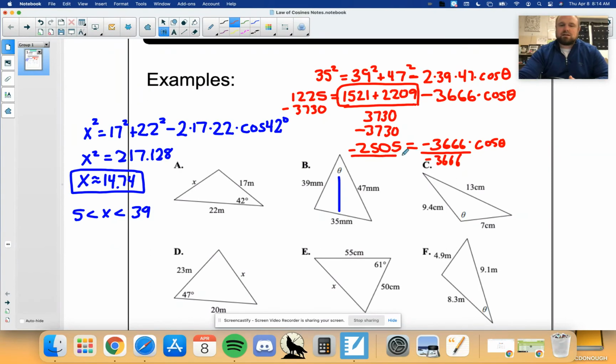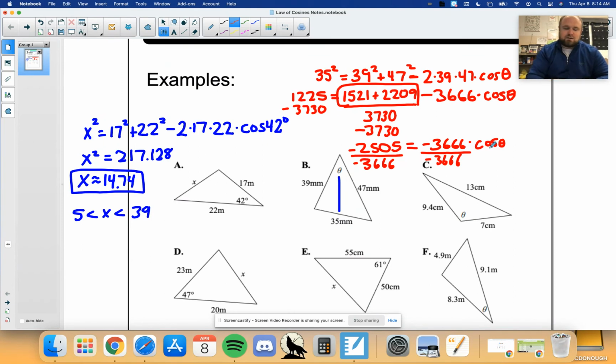Okay. So I'm going to take the negative 2505 and divide it by negative 3,666. Now, it isn't always true that both of these are negative, but I would say quite often that happens. So when you take these two negatives and divide them, two negatives divided is a positive, and it's going to be a decimal, and that's going to be equal to the cosine of theta.